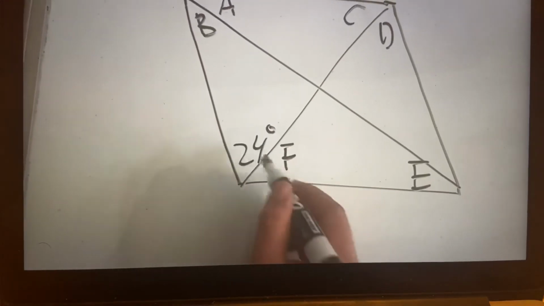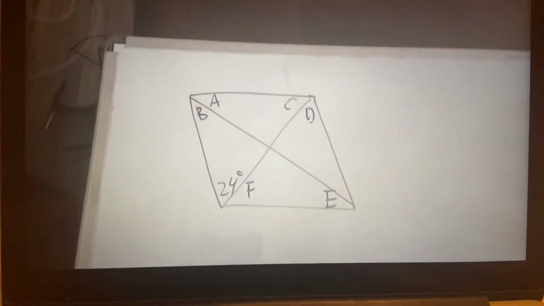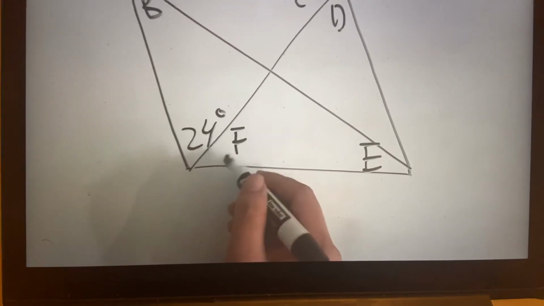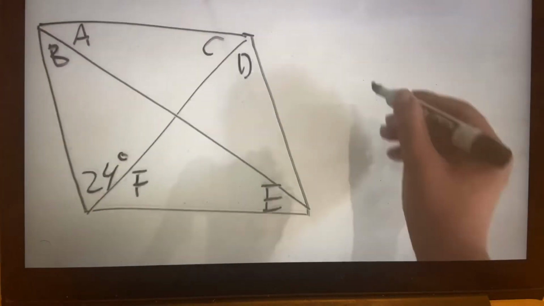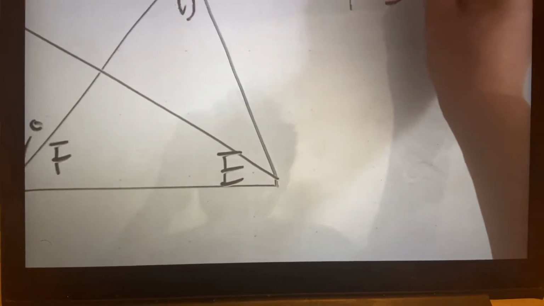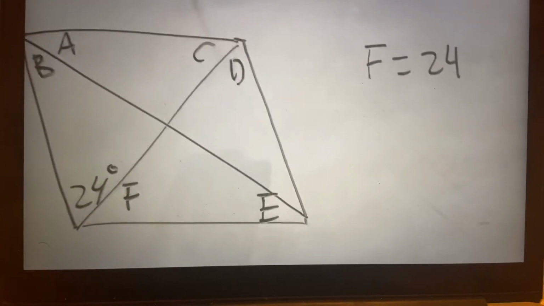So this diagonal here is splitting this entire angle up evenly in half. So if they're even, and if this is 24, what do you think F is? F is also 24.